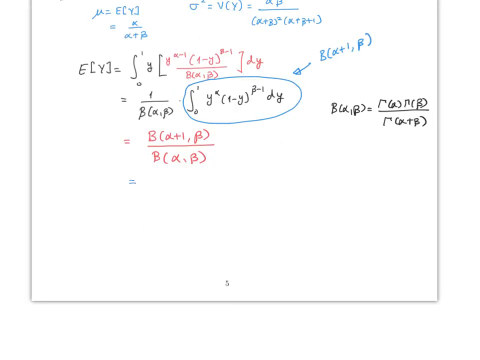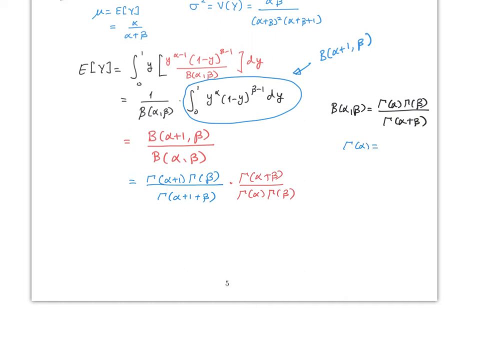Therefore, if we expand this, it will be gamma of alpha plus 1 times gamma of beta divided by gamma of alpha plus 1 plus beta, times the reciprocal of this one, which will be gamma of alpha plus beta divided by gamma of alpha times gamma of beta.